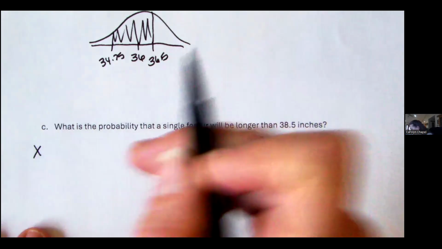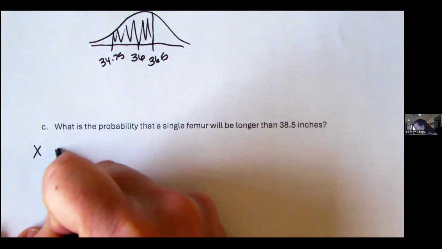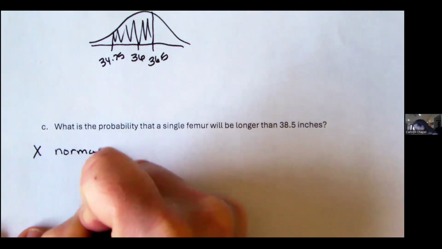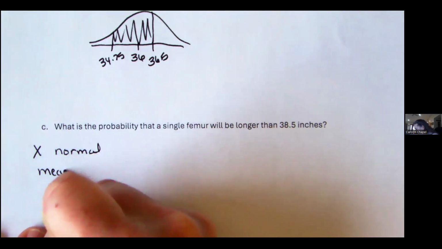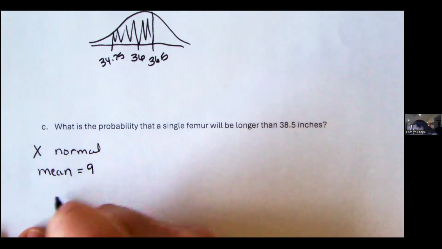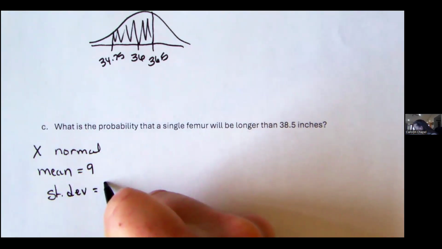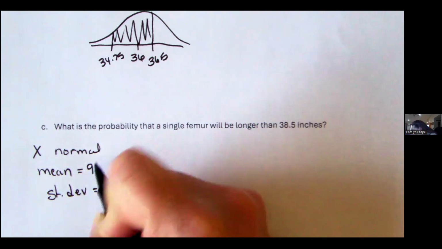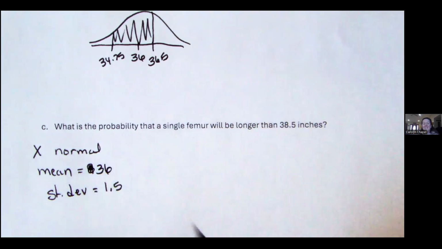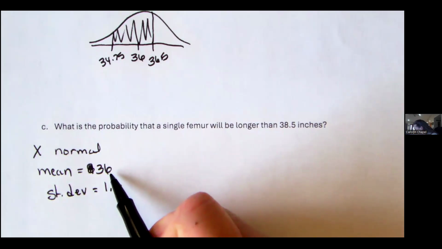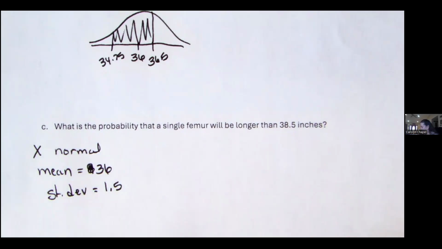And going back to the original information, X was normal with a mean of 36 and a standard deviation of 1.5.